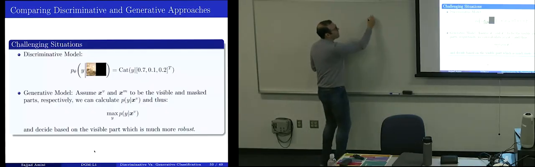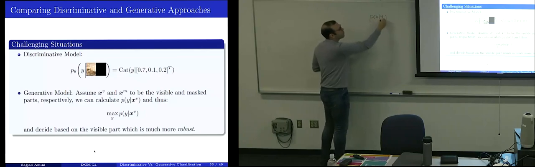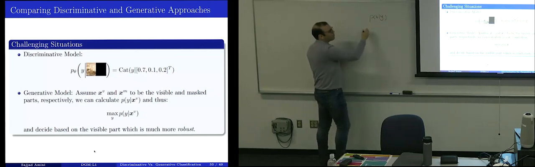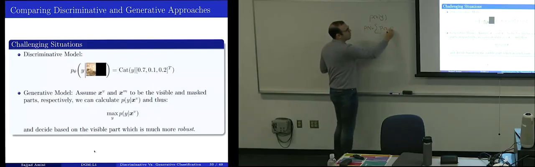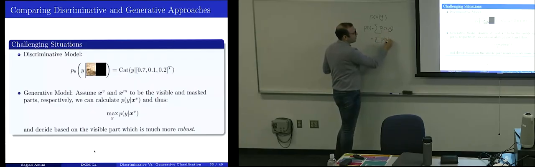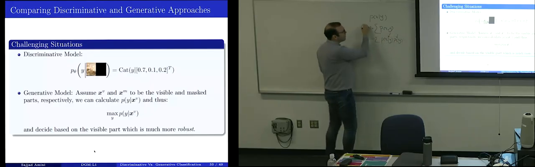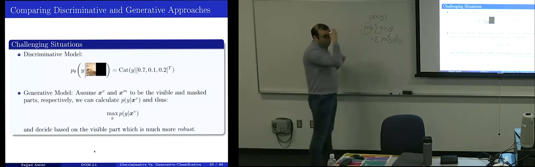I have access to this distribution, and I can marginalize out Y. How? Using the conditional, I can write it as this distribution. So in the discriminant analysis, I have access to this and this distribution simultaneously, so I can generate the distribution over X.